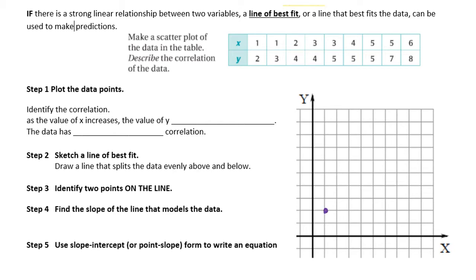We have x1, y2, x1, y3, x2, y4, x3, y4, x3, y5, x4, y5, x5, y5, x5, y7, x6, y8.